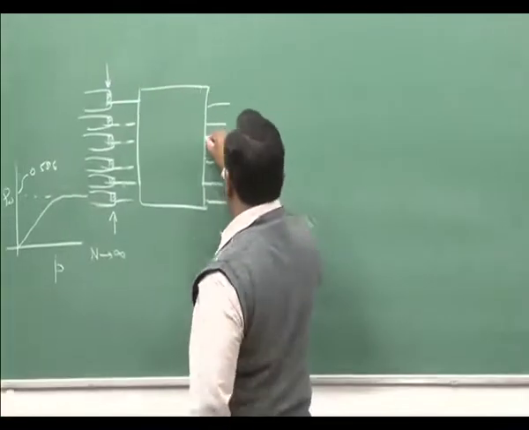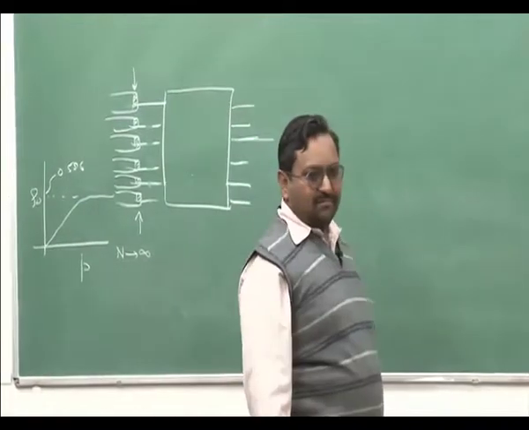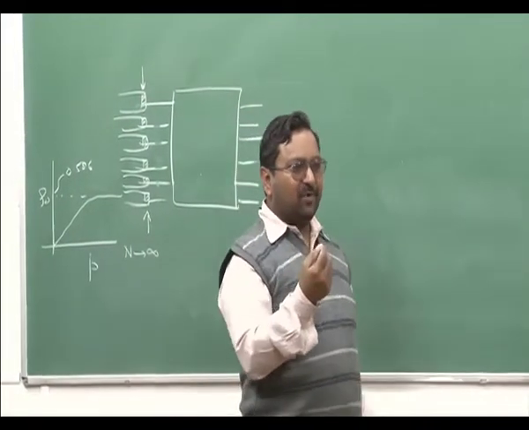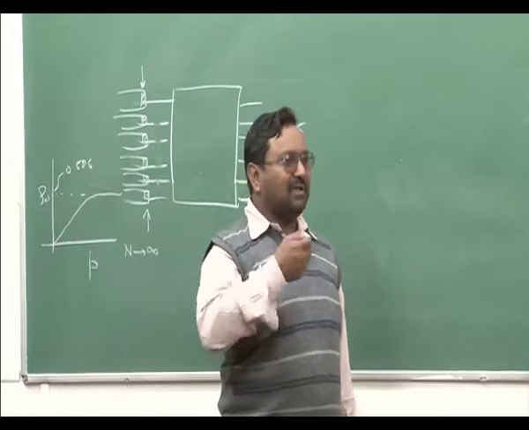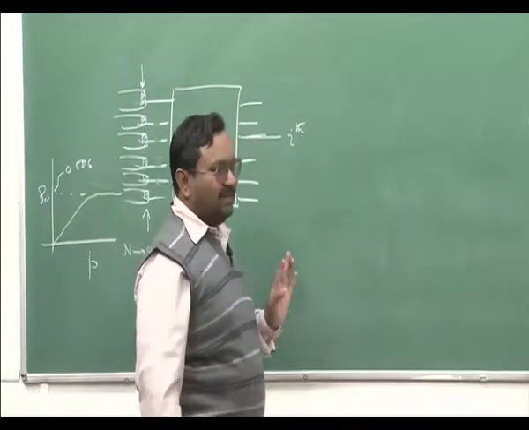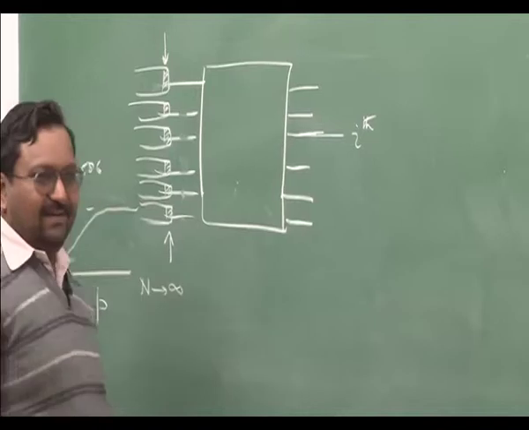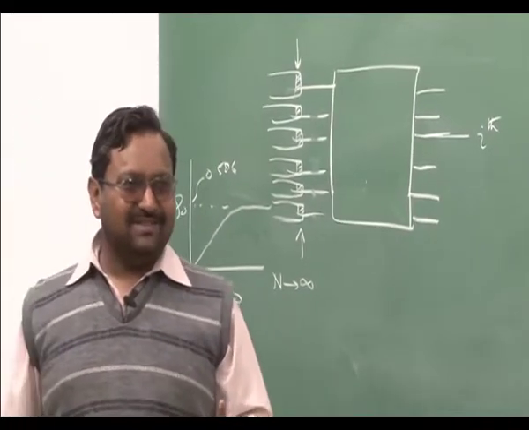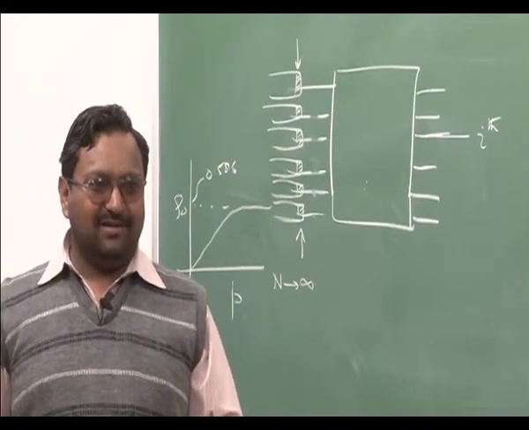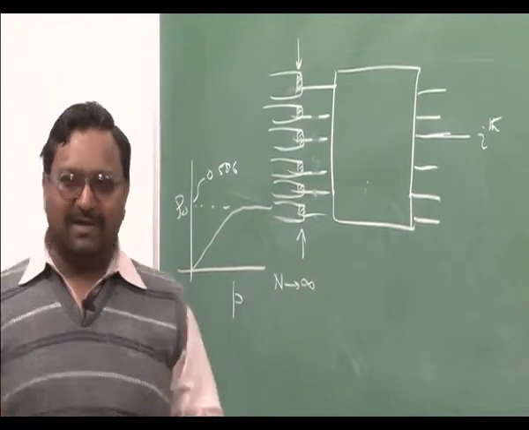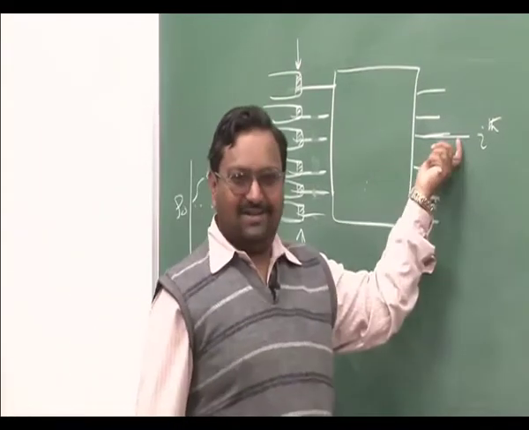What is going to be the throughput performance of the ith output? What's the probability that I will get one or more than one packet destined for i out of this n? That will be the throughput performance. So that's the probability that you will have a packet in the outgoing slot.